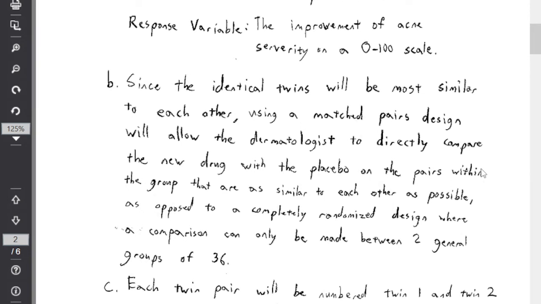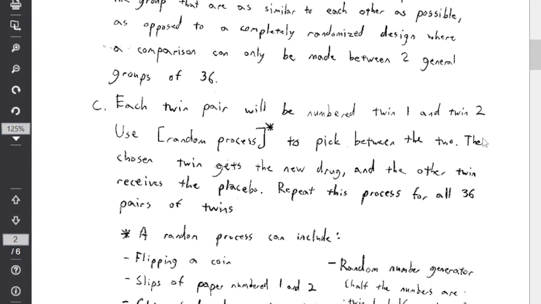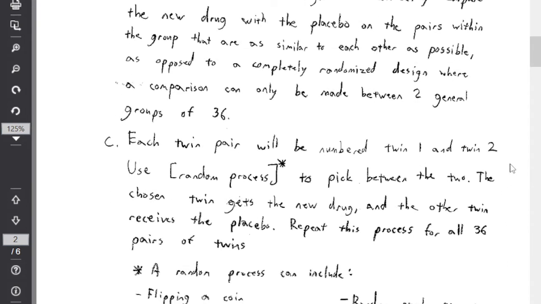Within each pair, you should number one of them twin 1 and one of them twin 2, and use some kind of random process to randomly select which one gets the new drug and which one gets a placebo, and then you're going to compare between those two groups.